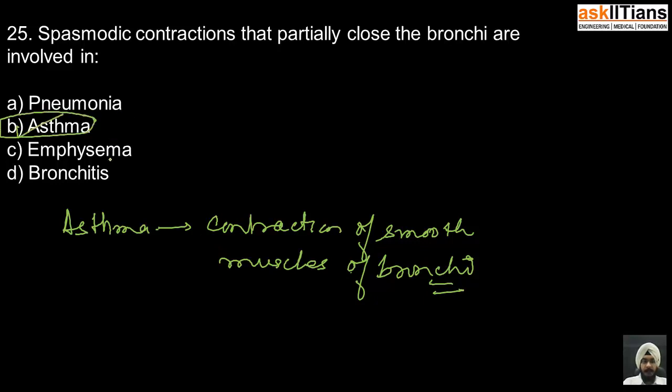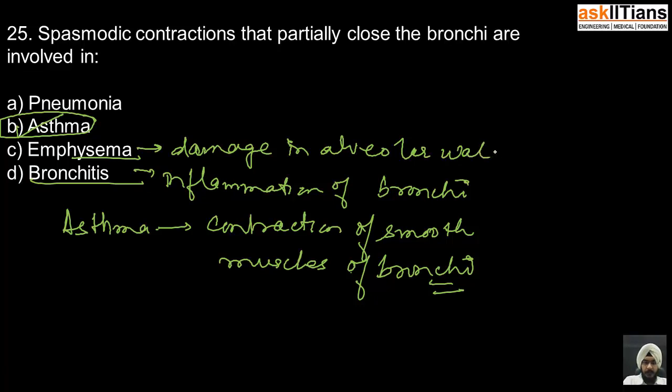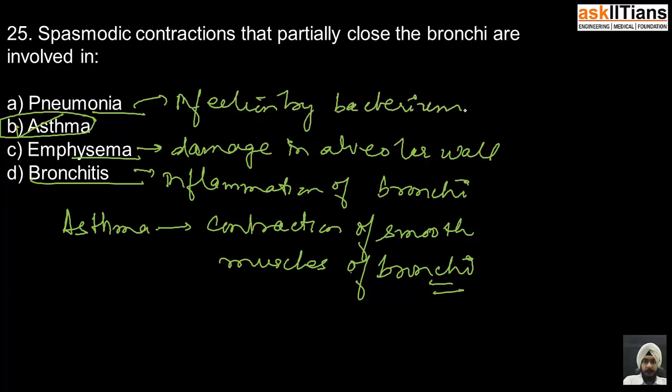Rest of the options are not correct. Bronchitis is mainly inflammation of bronchi. Emphysema is damage in the alveolar wall. And pneumonia is an infection by bacterium, which also leads to swelling and inflammation. So the correct option is B, which is asthma.